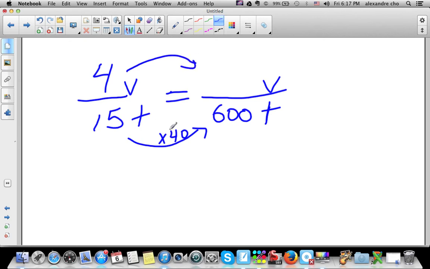So if you multiplied 15 times 40 to get to 600, you have to do the same over here. So your new answer becomes 160. Notice that these two ratios are proportional, okay, just like we did earlier on number 6. So if there were a total of 600 people instead of 15, out of the 600, 160 people would go on vacation.